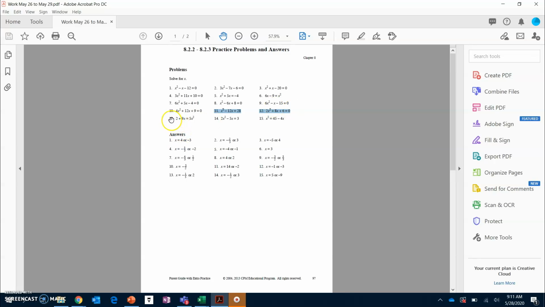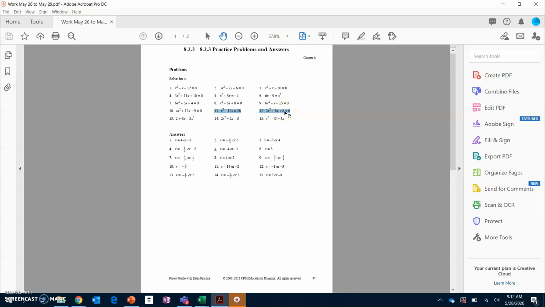Moving on to 13, notice these problems: one of them equals 0, and one of them does not equal 0. Remember what all 3 of these examples are: when it does not equal 0, that's when you use that one extra step.